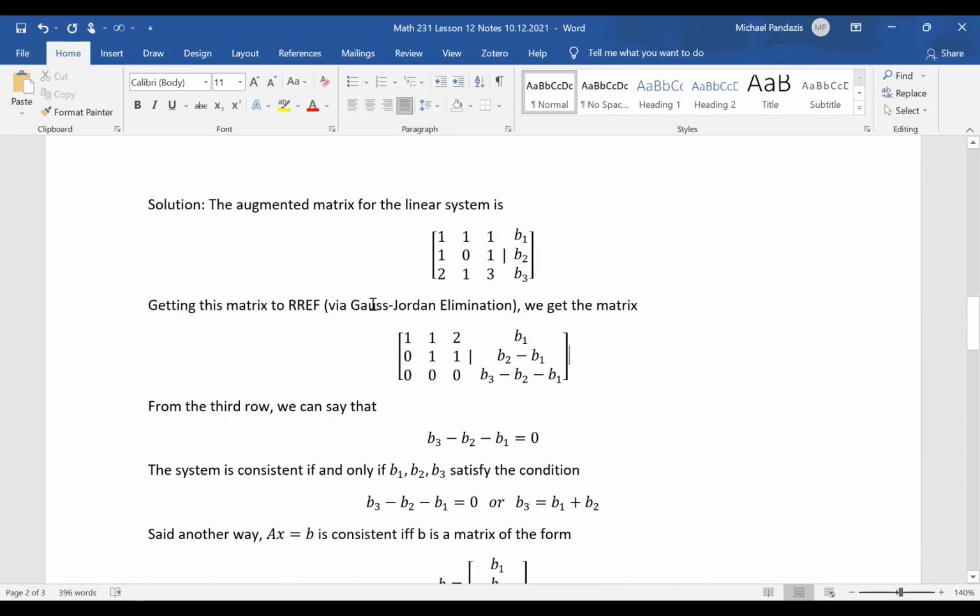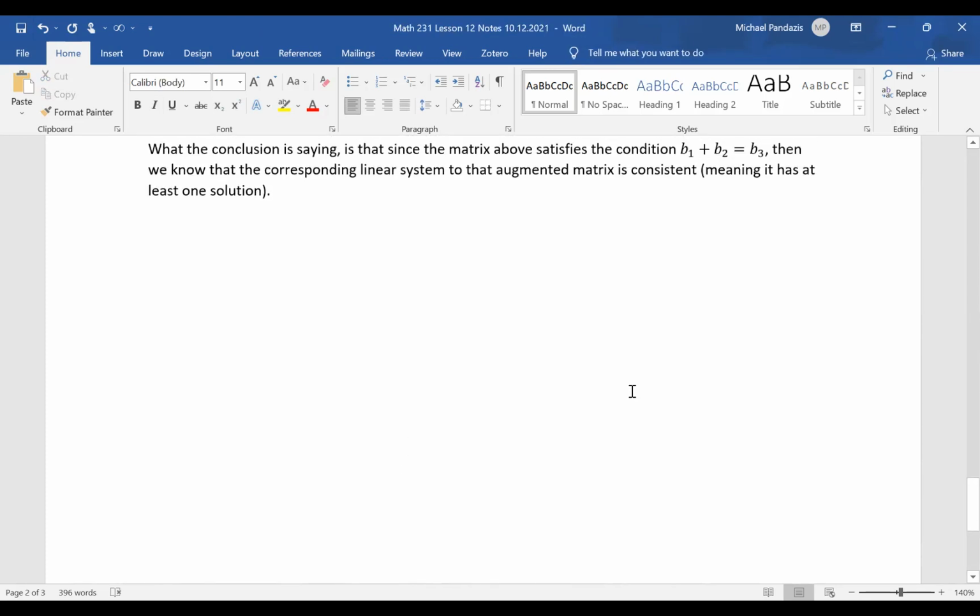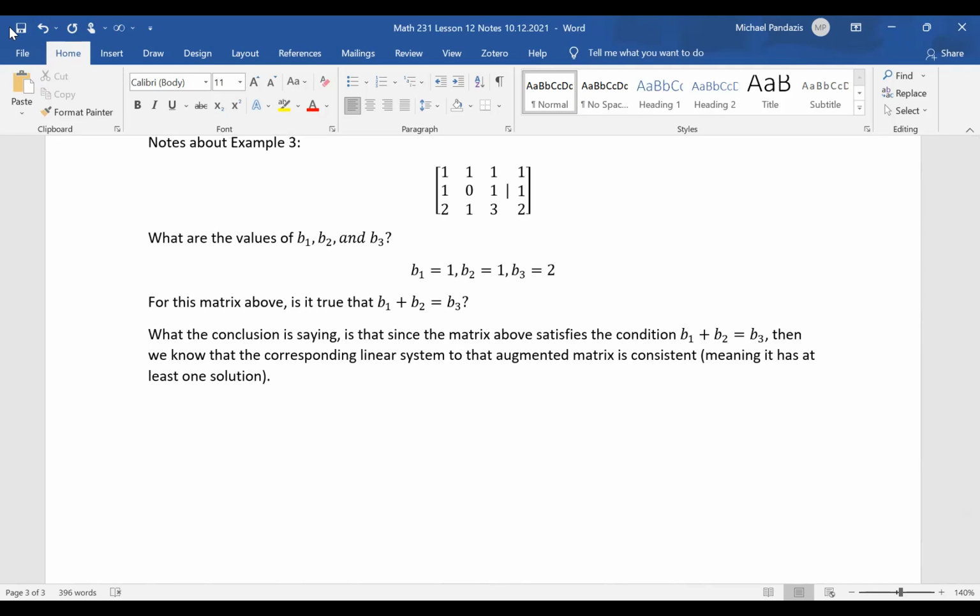Because the solutions stay the same, the only way this matrix can have solutions is if this equation holds. If it does, then this has solutions, which means this does. If it doesn't hold, this doesn't have solutions, which means that doesn't. Make sense? Okay, so that's the end of 1.6.